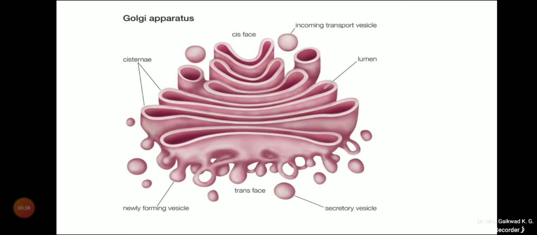Golgi complex essentially consists of stacks of membranous sacs, and these stacks of membranous sacs are called cisternae. Several cisternae are present, maybe a few or many. That totally depends on the function of the cell and in which type of cells the Golgi apparatus is present.